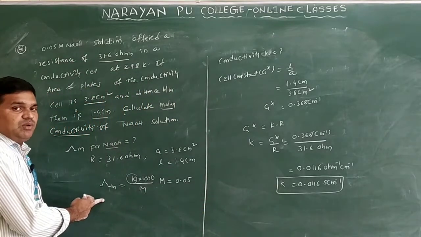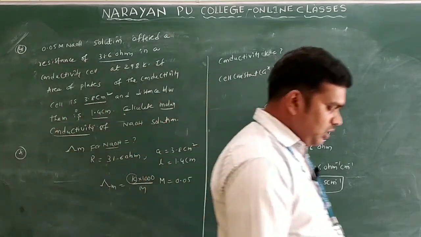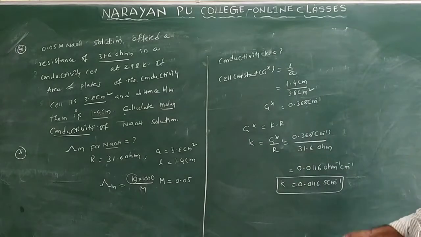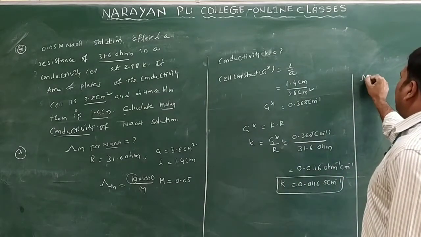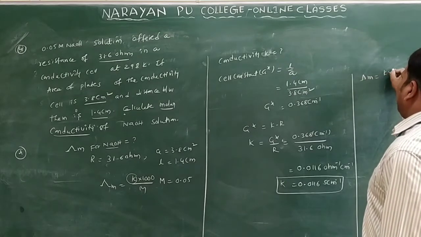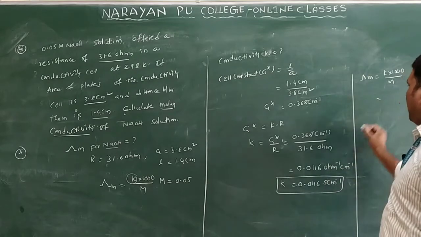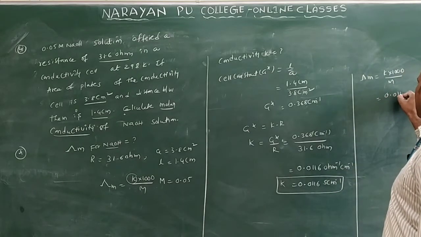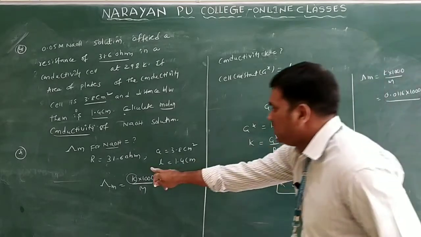If you know the K value, then what formula can you use? We can use this formula to find out the molar conductivity of the solution. Molar conductivity is equal to K into 1000 by M. What is the K value we got? 0.0116 into 1000 by, what is the molarity of the solution given?